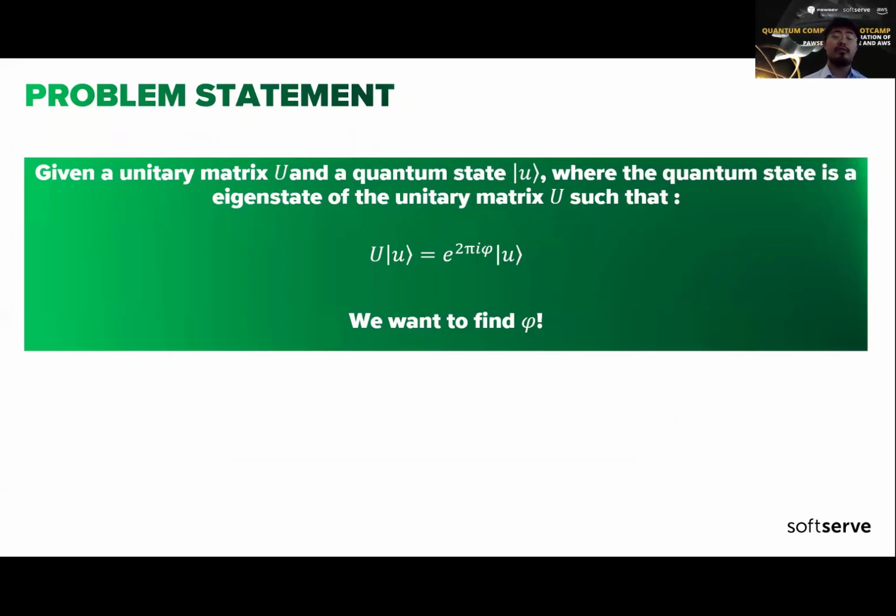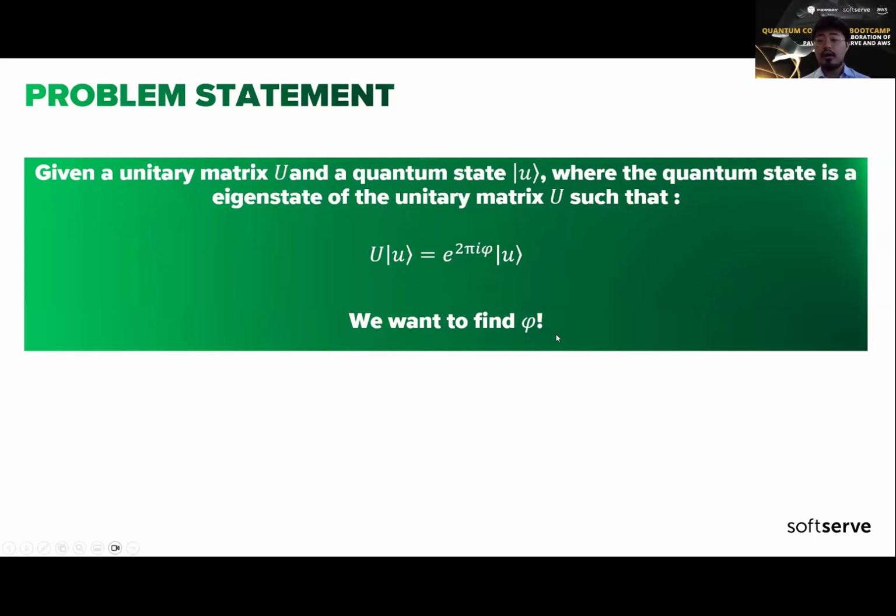The problem statement for quantum phase estimation is that given a certain unitary matrix U and a quantum state |u>, where the quantum state |u> is an eigenstate of the unitary matrix U, such that it gets a certain phase, the purpose of quantum phase estimation is that we want to find the phi in this e to the power of 2 pi i phi.